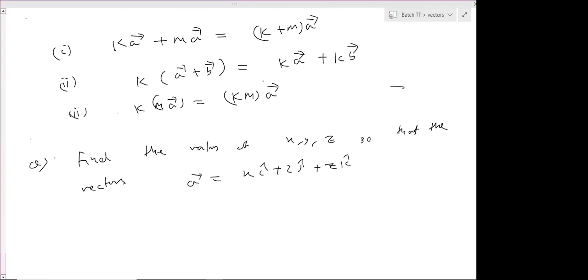All right, I write z like this because my 2 and z look the same, and b vector is 2i cap plus yj cap plus k cap are equal. If a and b are equal, then find the value of x, y, and z. Very simple question. I need the answers from all of you.